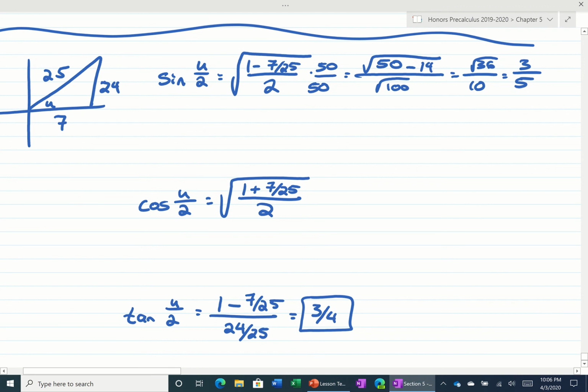Okay. We could have also just simplified this, and I'm sure that would have been fine, but it's just another way to do it.